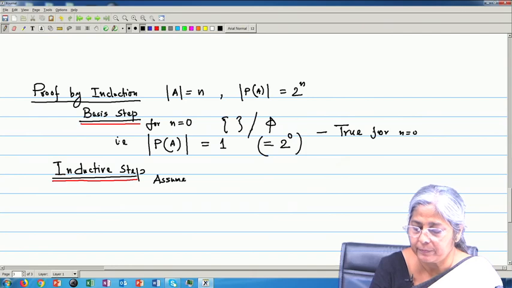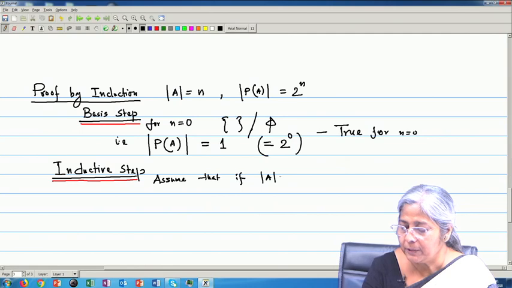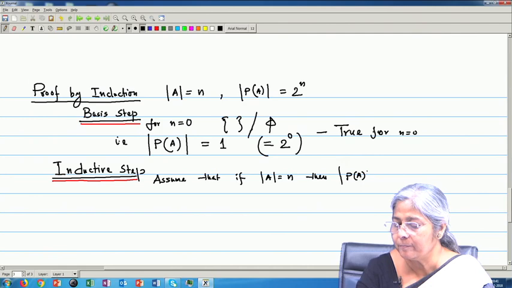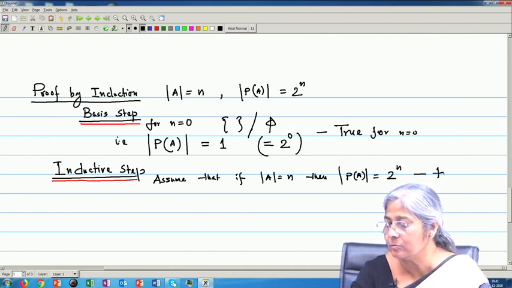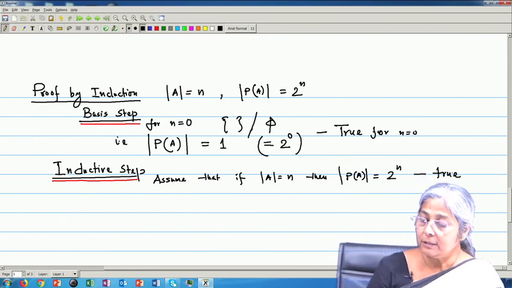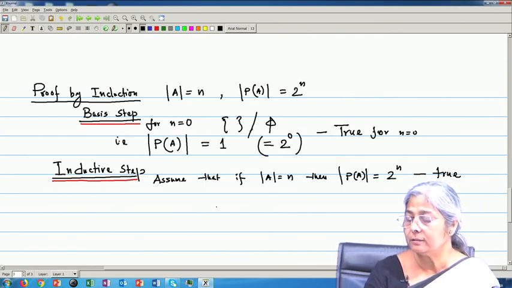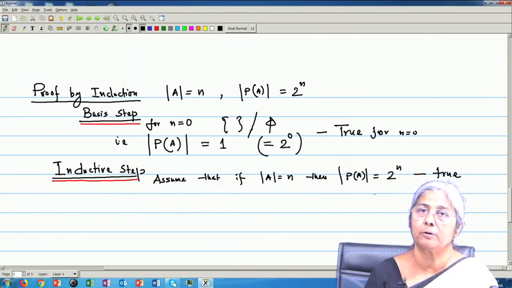So, assume that if the cardinality of A equals n, then the cardinality of P A is 2 to the power n, this is true. So, we have to prove that if the cardinality of A is n plus 1, then we have to show that the cardinality of the power set is 2 to the power n plus 1, and then according to the principle of mathematical induction it is to be proved.